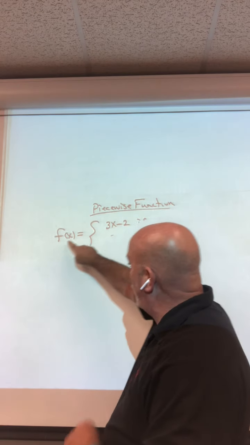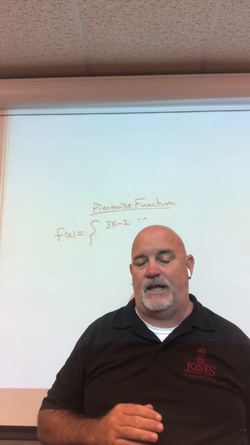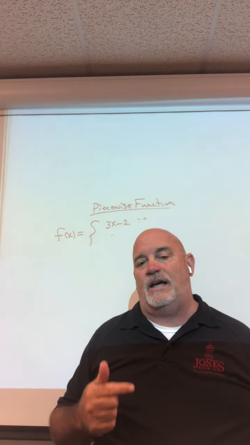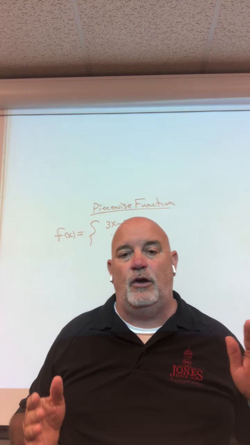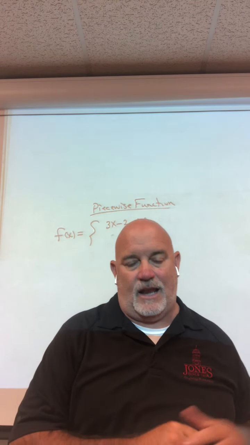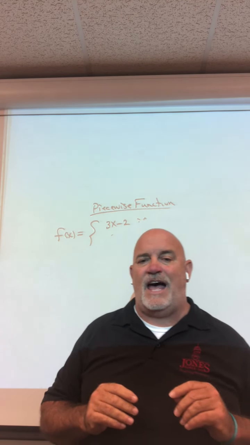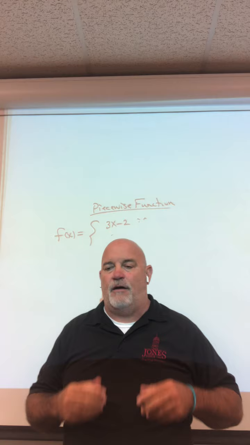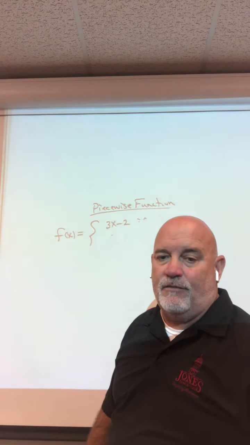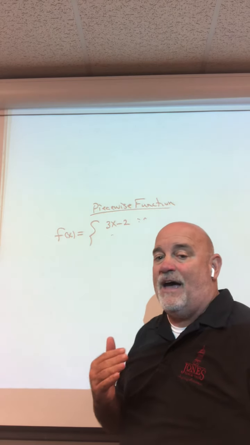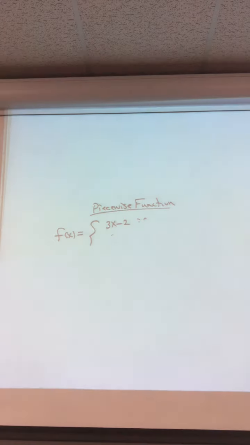So y equals 3x minus 2 is a slanted line. Well, what a piecewise function does is you don't look at the entire line, you only look at a piece or a portion of that line. And what decides what portion of that line you look at is what comes after what I've got covered up right here, the stuff after the if. And so that's what I want to look at.